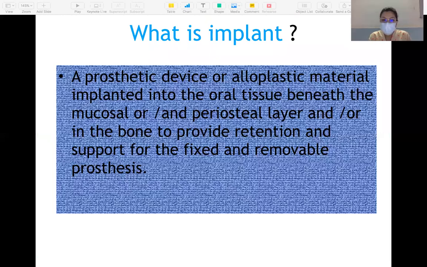So it is kind of an anchorage which is implanted into the bone, into the alveolar bone, if you talk of specifically dental implants, to give you retention for the overlying prosthesis. This is what an implant is.